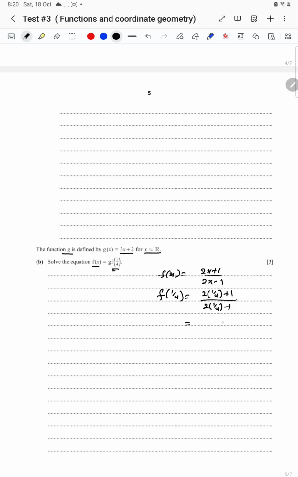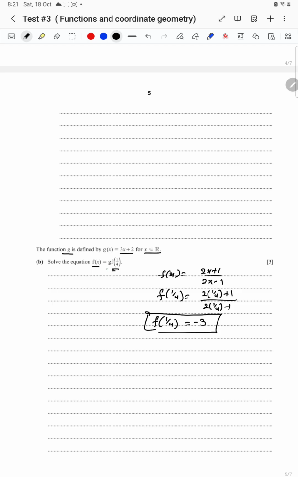You can simplify on the calculator, and you will get f of 1 by 4 is minus 3. On the calculator you will get this, f of 1 by 4 is minus 3.